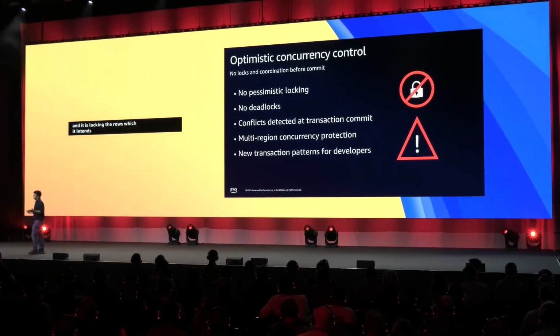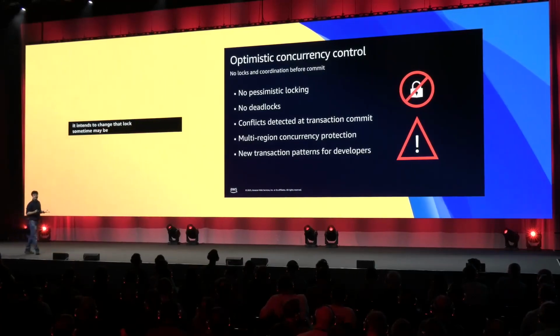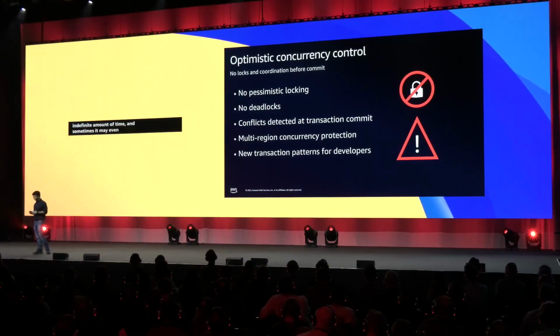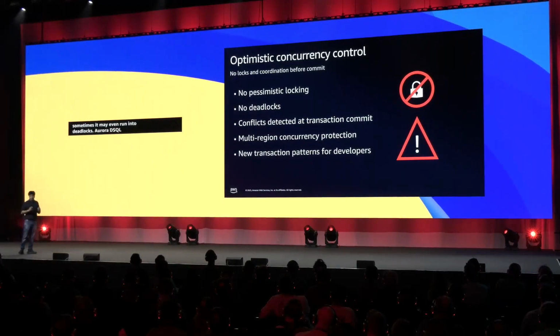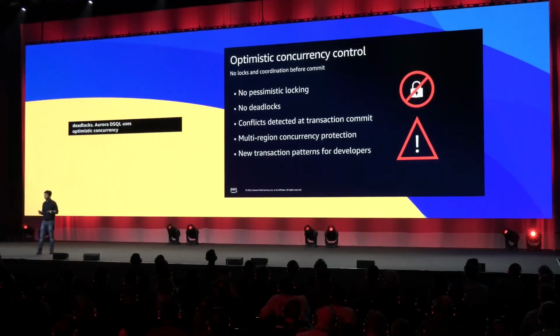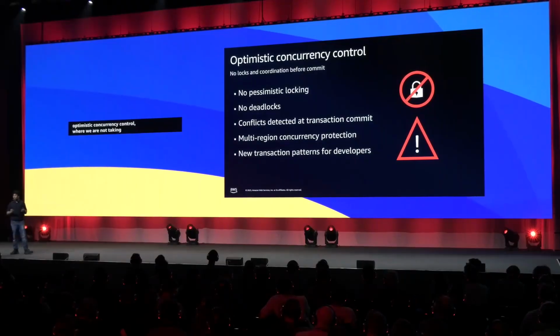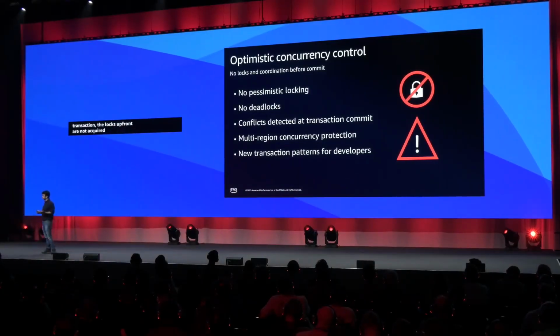That lock sometimes may be there for an indefinite amount of time, and sometimes it may even run into deadlocks. Aurora DSQL uses optimistic concurrency control, where we are not taking locks when we are running a transaction. The locks are not acquired upfront with optimistic concurrency control.